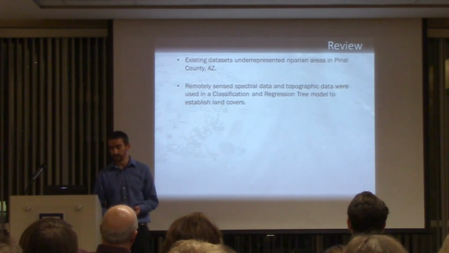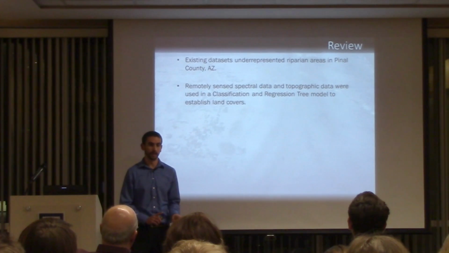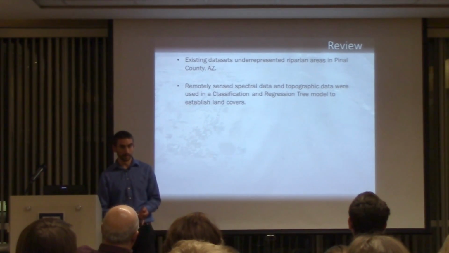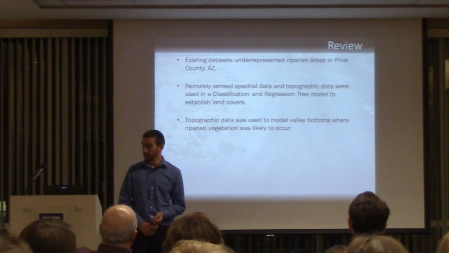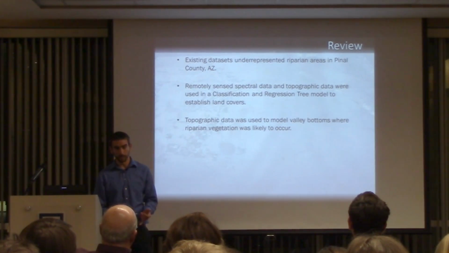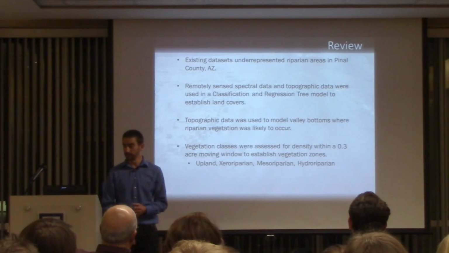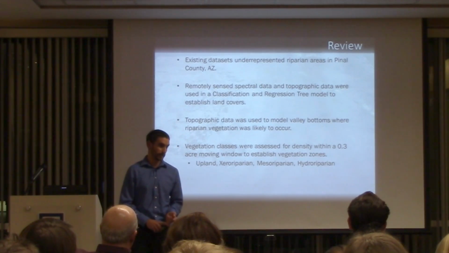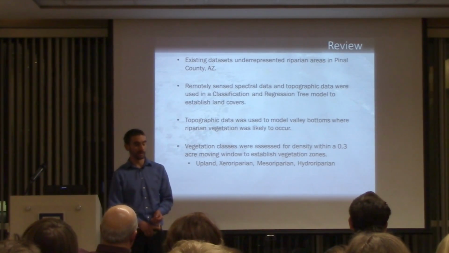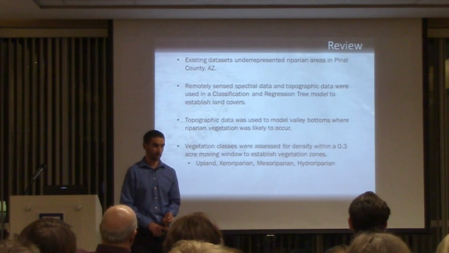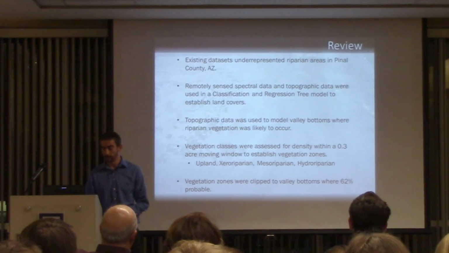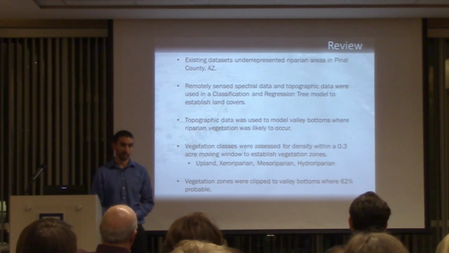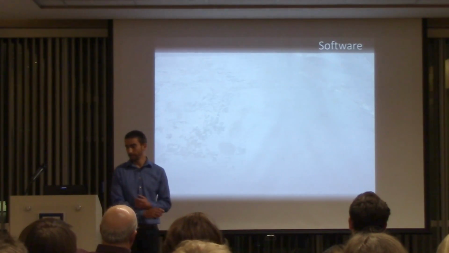I used remotely sensed spectral and topographic data in a classification and regression tree model to classify land areas. The topographic model was used to map valley bottoms. Vegetation classes or zones were identified from the classes of the CART model and then clipped to the valley bottom model where probability was at 62%.